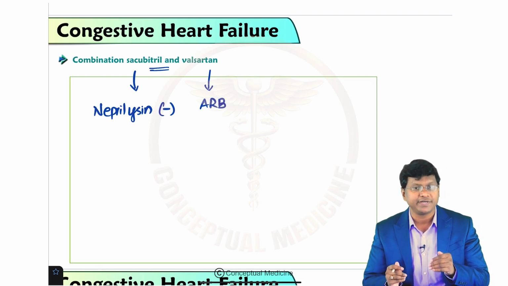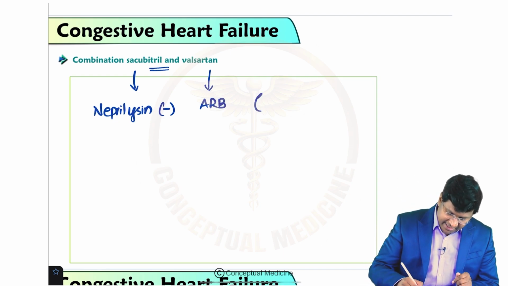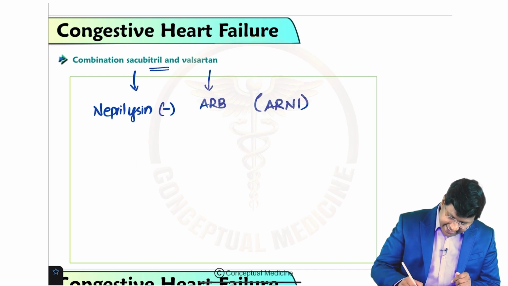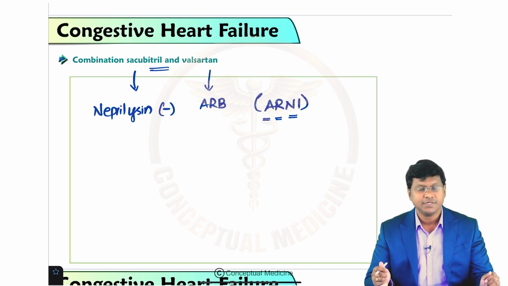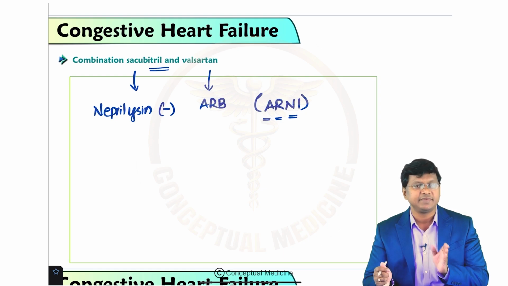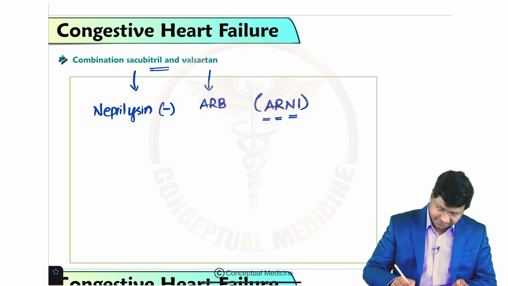So compared to your ACE inhibitor enalapril and beta blocker, this ARNI, what do you mean by the word ARNI? ARNI stands for angiotensin receptor blocker neprilysin inhibitor. That is what ARNI is. Compared to ACE inhibitor plus beta blocker, ARNI has been shown to reduce cardiovascular death.